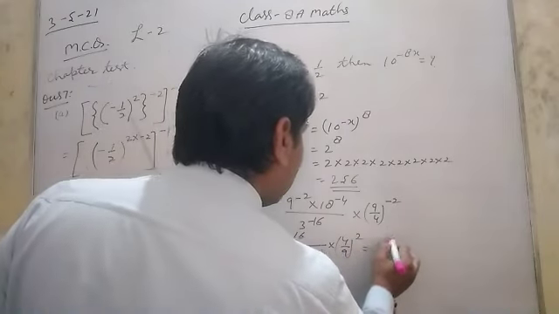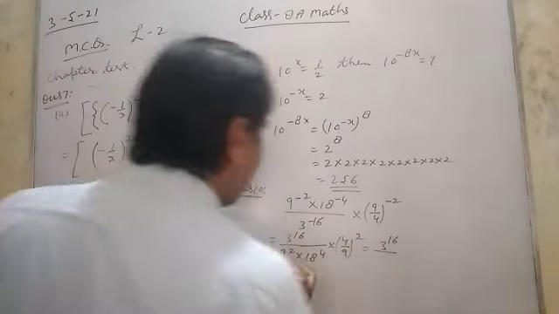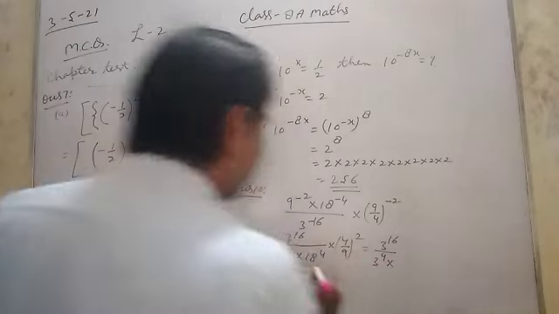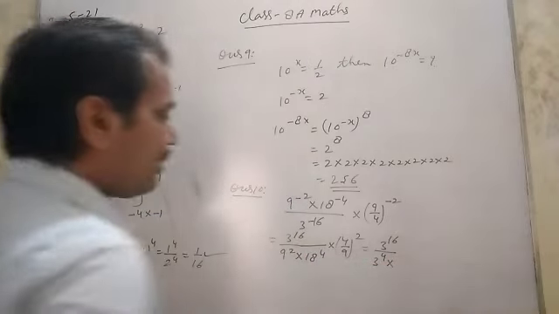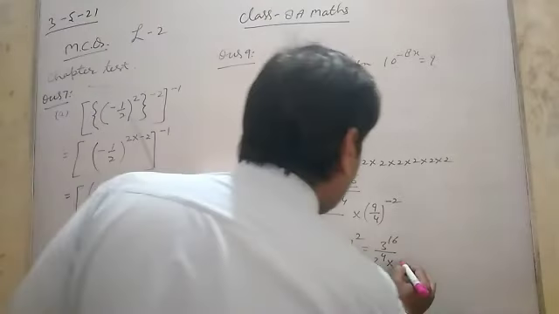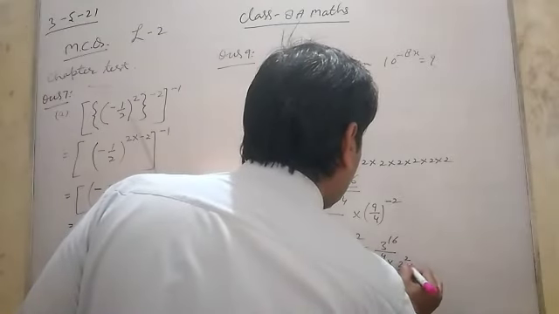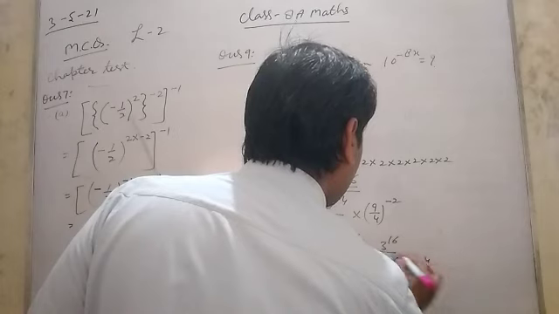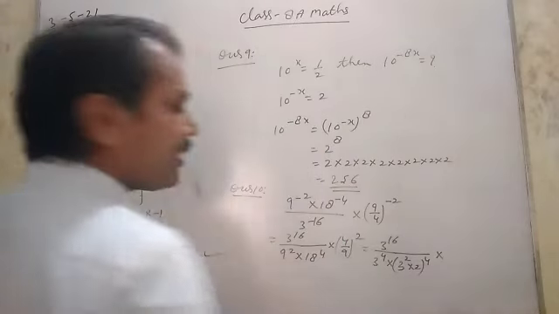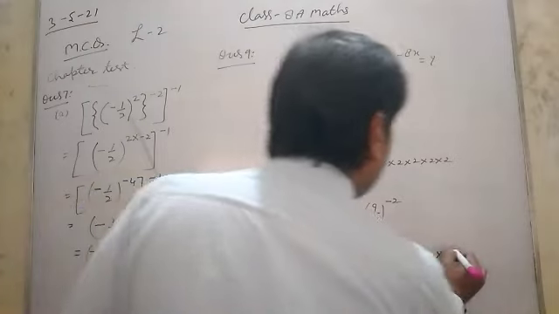So 3 upon 16, and 9 we can write as 3 square. So this will be 3 power 4 into 18. We can write 18 as 3 into 3 into 2, means 3 square into 2 power 4, into 4 by 9. We can write 2 by 3 whole square, and square also.